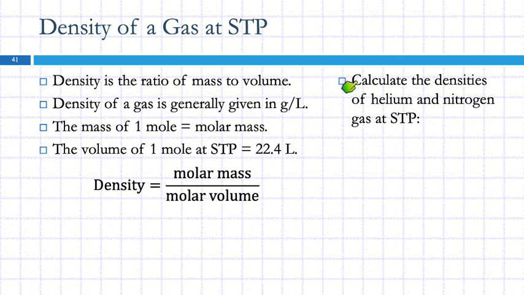So this is saying calculate the densities of helium and nitrogen at STP. So the density for helium will be the mass of 1 mole of helium, 4.003 grams, divided by the volume of 1 mole of helium, which is 22.4 liters.